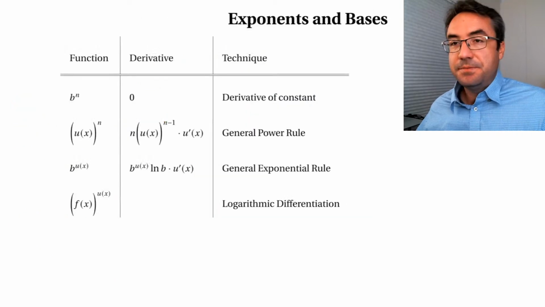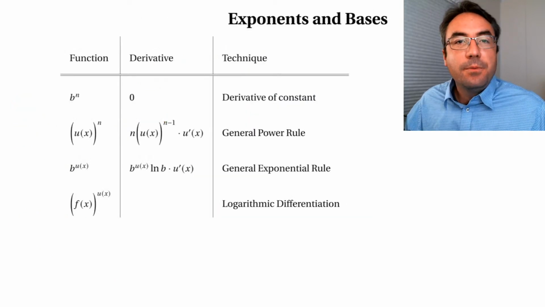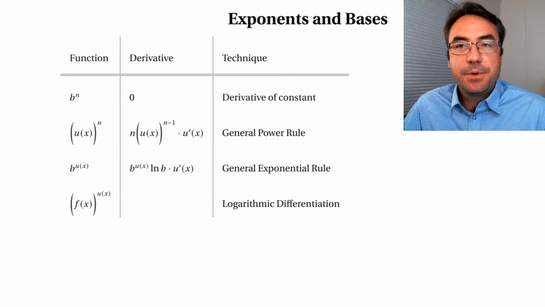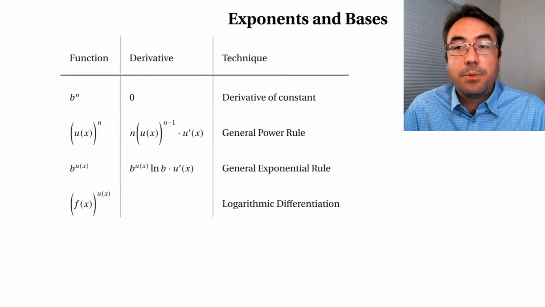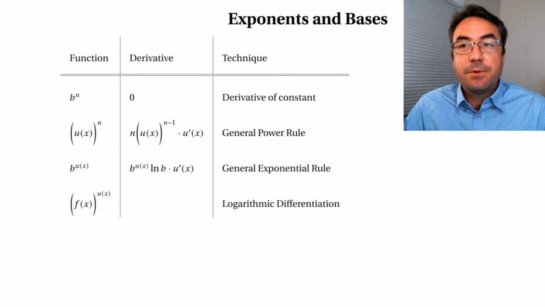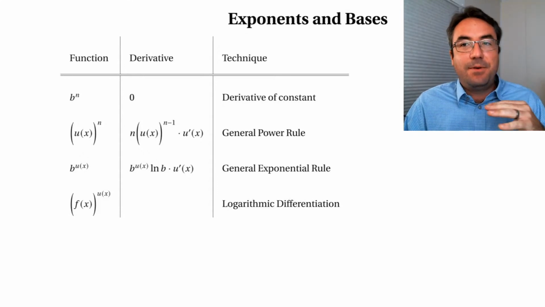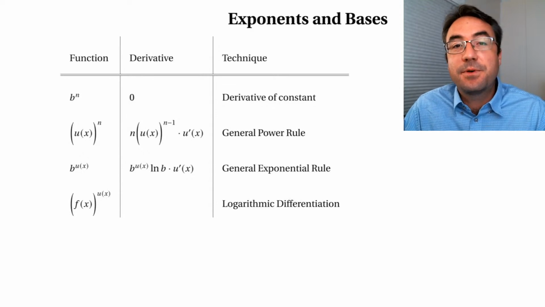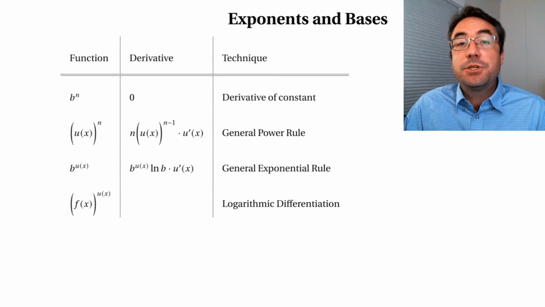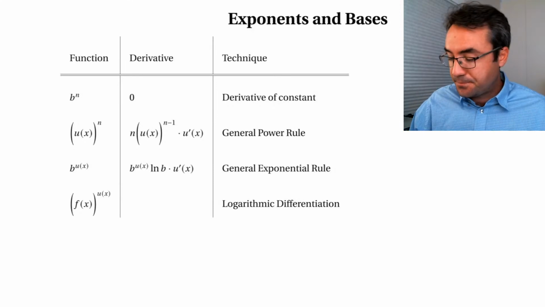So let's review. In that last example, we were looking at how to differentiate when the exponent and the base terms were both variables. That really completes all of the different techniques that we would need in order to differentiate a term that has an exponent.